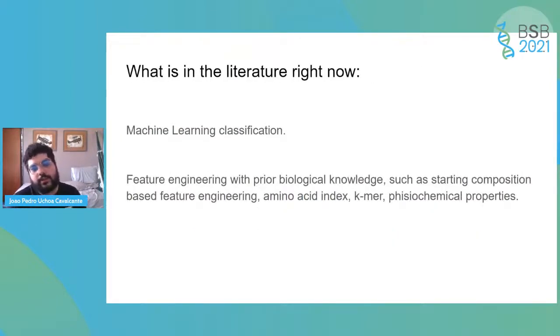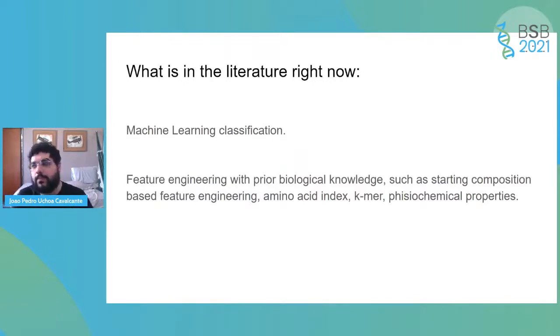So what's in the literature right now? The use of machine learning for classification. First of all, machine learning is a program that learns from inputs and outputs to take new inputs and produce new outputs that classify things. Right now, people use feature engineering, that is, creating information based on prior knowledge of the biological sequences.